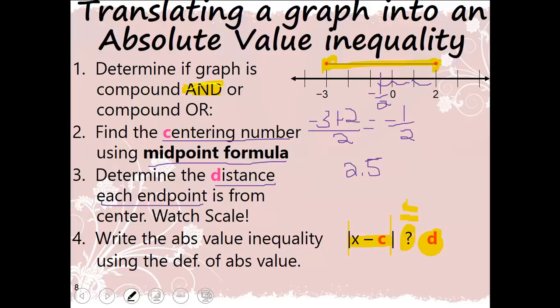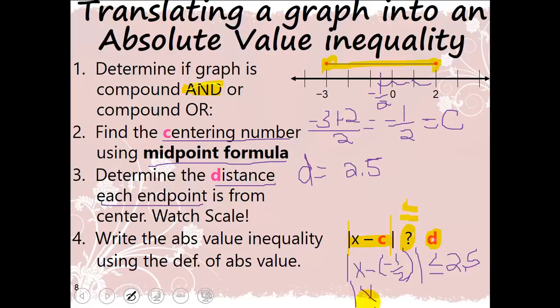We know each one of those pieces. So we have absolute value of x minus a negative 1/2 is less than or equal to 2.5. This is D and this is C. So we would have absolute value of x plus 1/2 is less than or equal to 2.5.